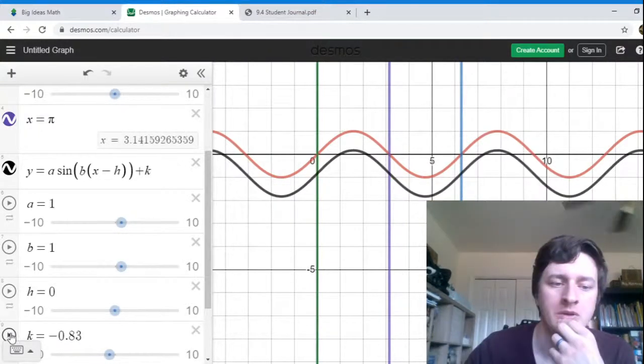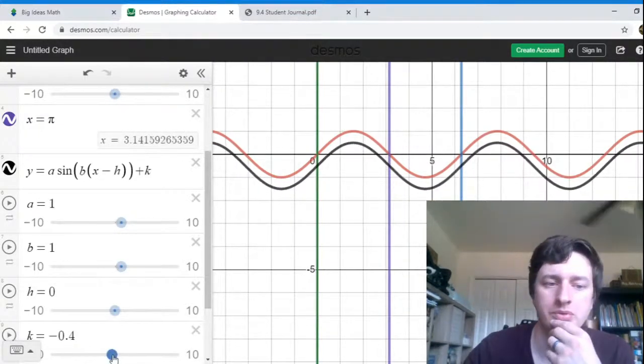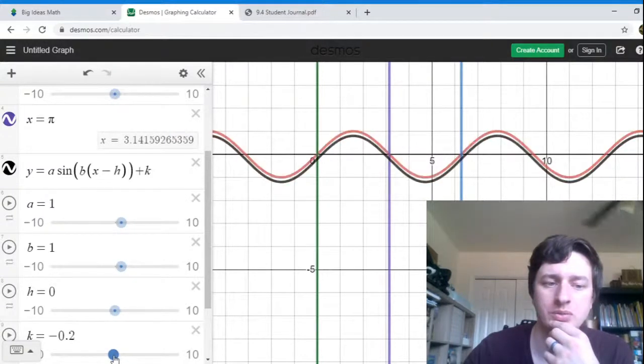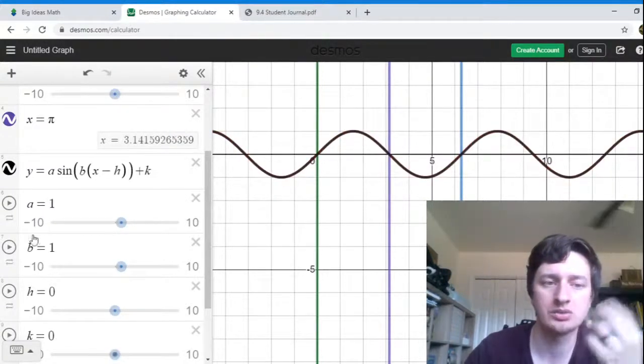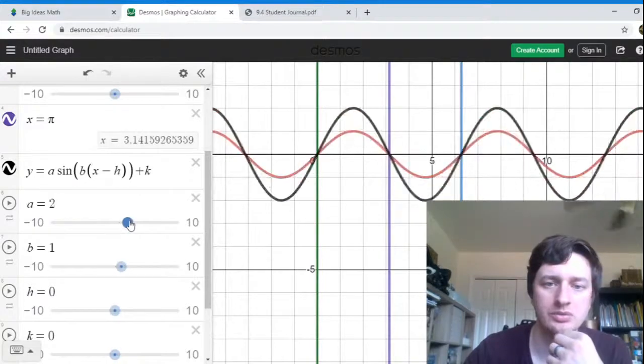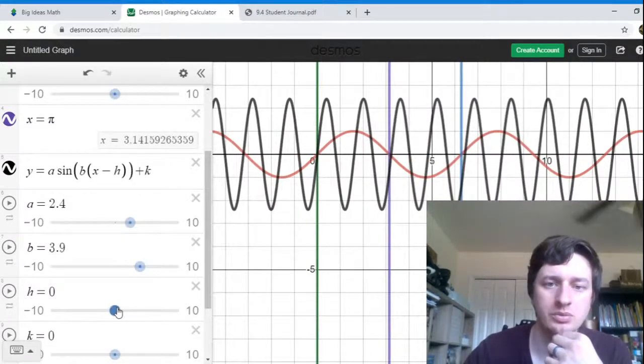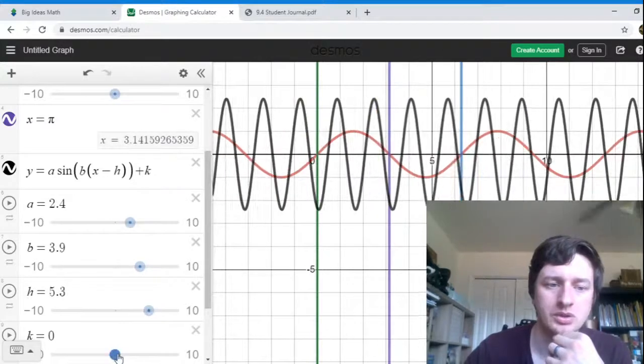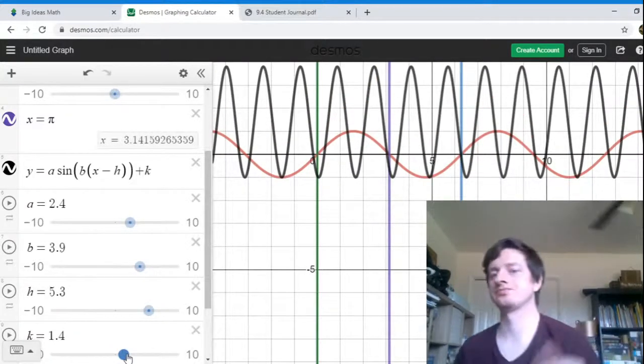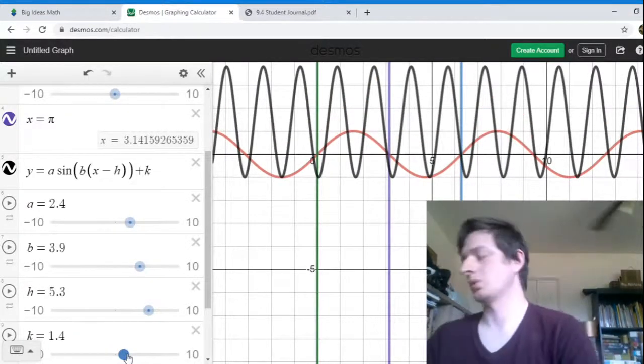So that's a cool thing about Desmos: we can animate those things. But that's our sine wave. We can make lots of cool things. We can make the amplitude really squishy, make it happen more often, shift it this way a bunch, and shift it up. We can change our sine wave.